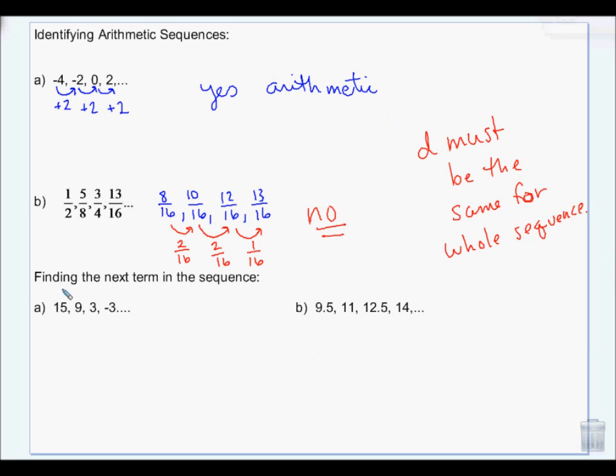To find the next term, first we find D. So to go from a 15 to a 9, I'm going to subtract 6, right? To go from a 9 to a 3, I'm going to subtract 6. And to go from 3 to negative 3, I'm going to subtract 6. So to find that next term, I take negative 3 and I subtract 6 from it. So negative 9 is the next term.